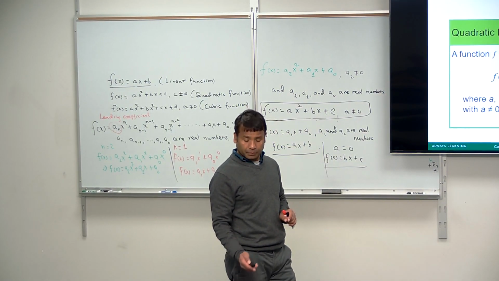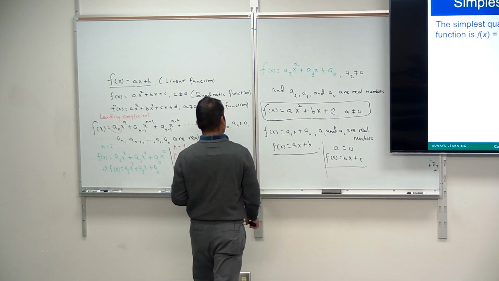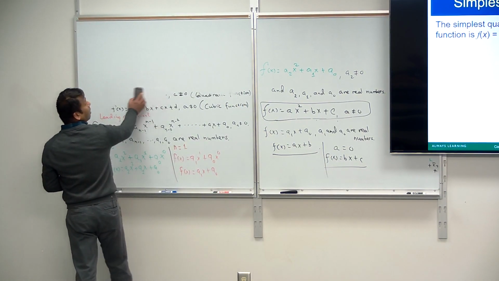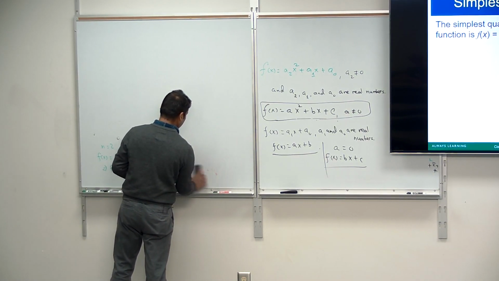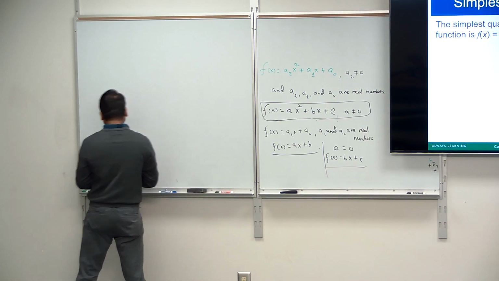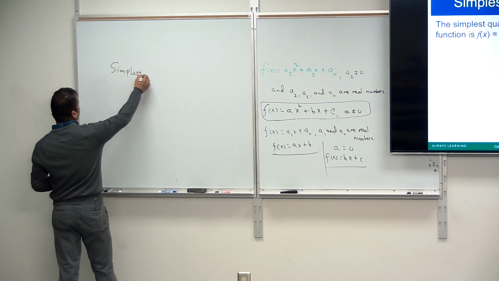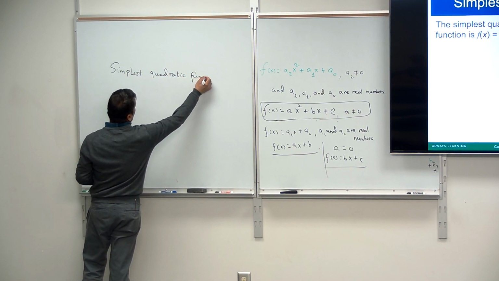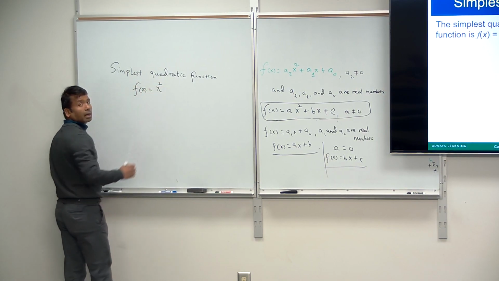That makes sense? So this is a quadratic function. Now the simplest quadratic function is f(x) equal to x squared.